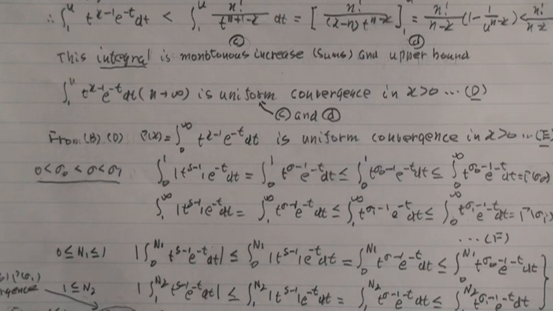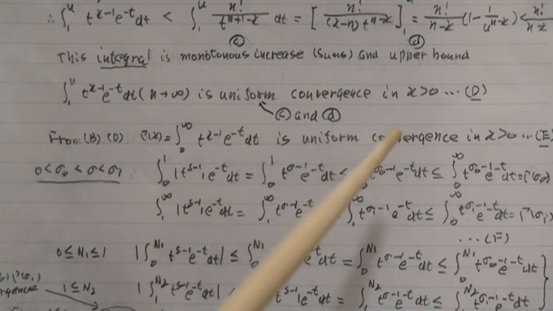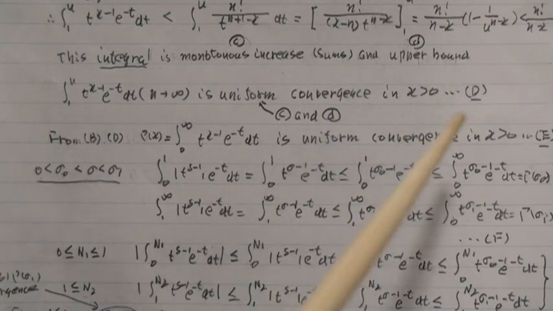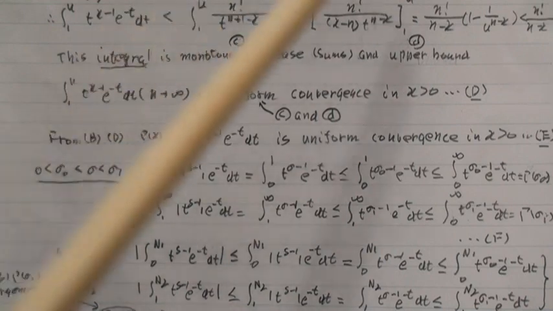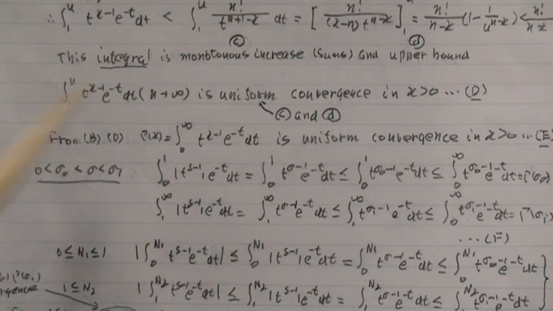Point D. And from B and D, Γ(x) = ∫₀^∞ t^(x−1) e^(−t) dt is uniformly convergent for x positive. On the interval 0 to infinity, uniform convergence. Okay.